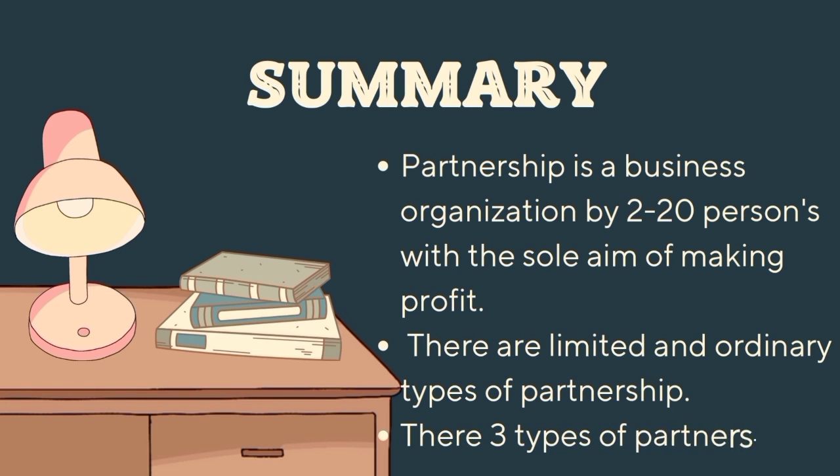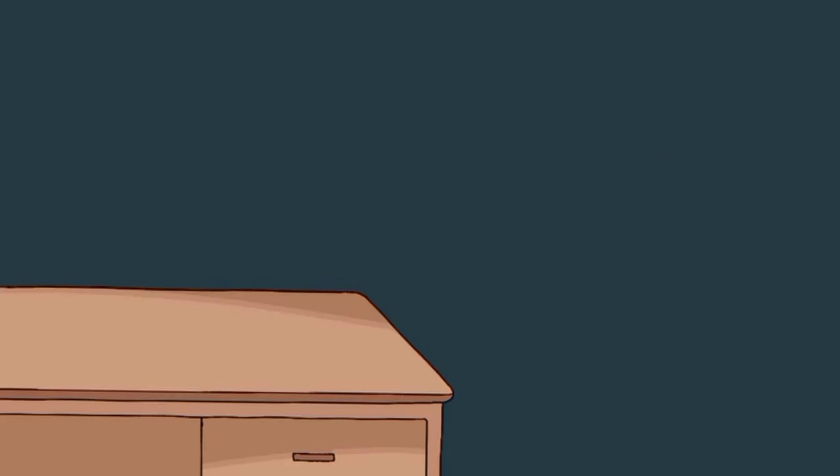And of course, there are 3 types of partners. They are referred to as the active or general partners, sleeping or dormant partners, and then the last is the nominal or quasi partners. All right. Also, remember that in partnership, there must be an agreement which is written in the deed. Okay?